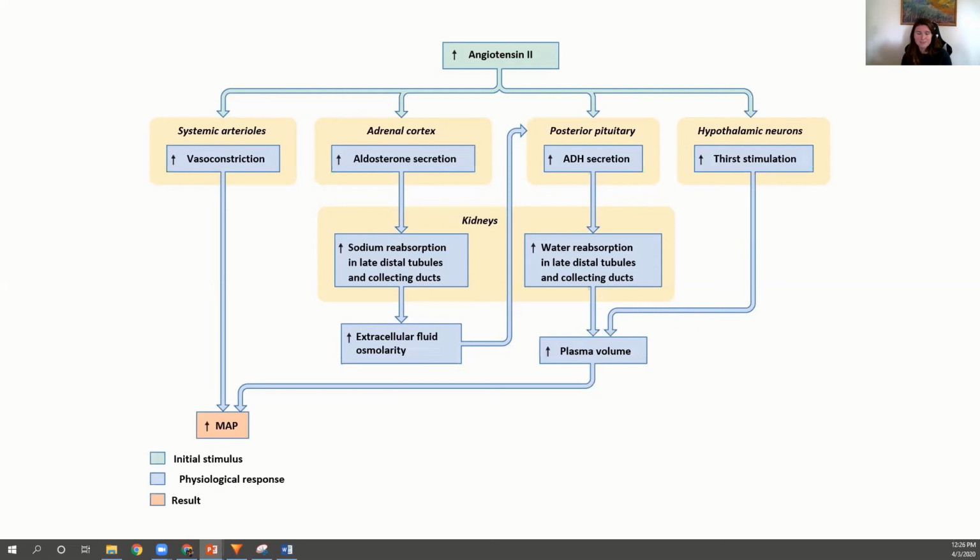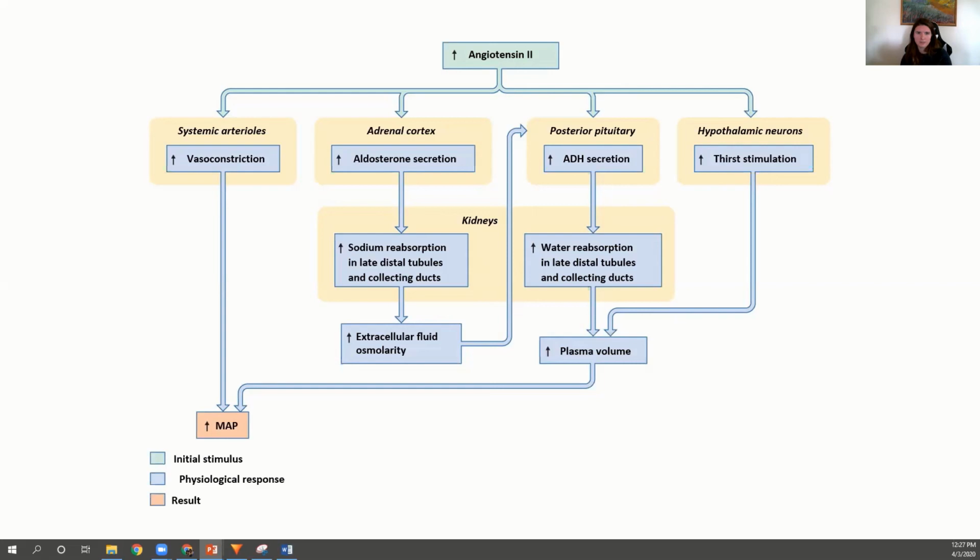Part of that is because the regulation of sodium, which is half of salt, has an effect on your blood pressure. So if we're reabsorbing a bunch of sodium, we're going to raise blood pressure through this long system, starting with renin, moving to angiotensin 2, which is influencing aldosterone, which is influencing ADH, which is influencing how much water you're reabsorbing.